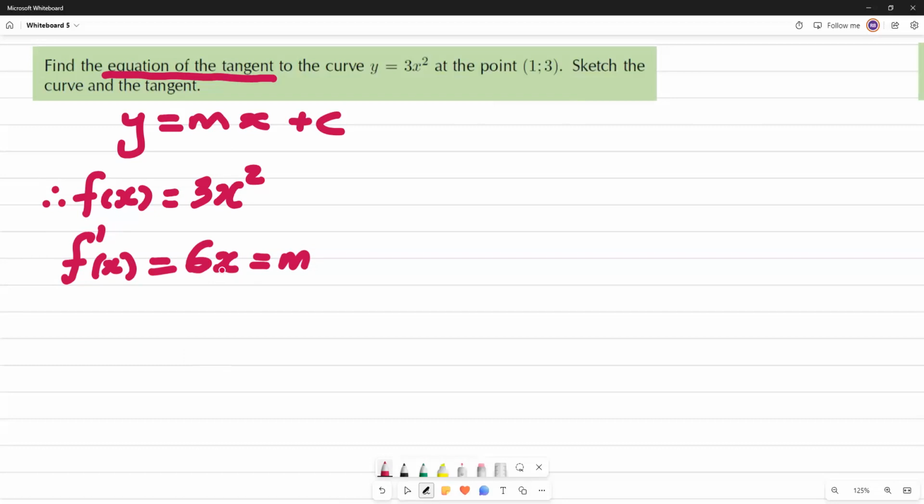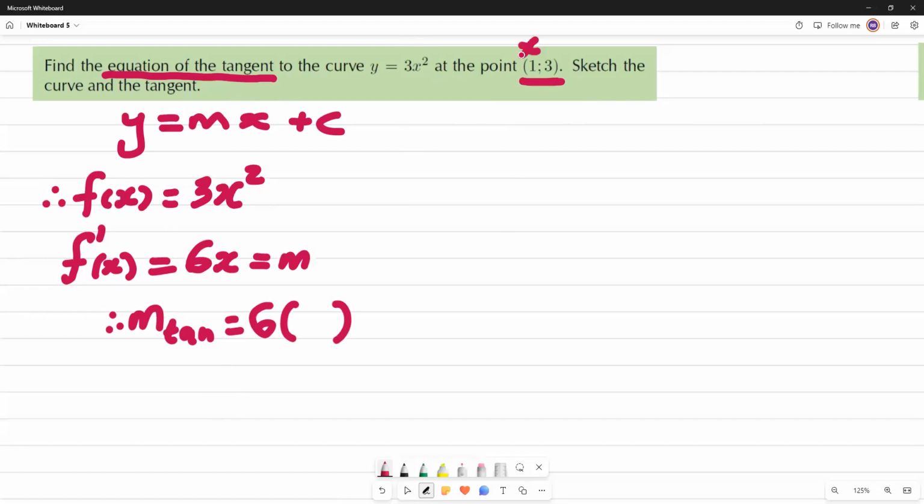So the m of the tangent is 6x. I need to substitute a certain x value here so that I can get the exact gradient of this tangent.